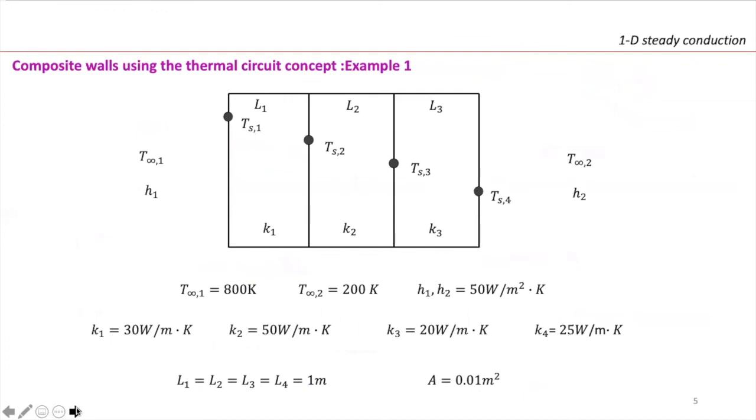So let me show you this composite wall. This wall is made out of 3 different materials, right? This is one material, this is another material, this is a third material or a third wall, right? And it's surrounded by air, water, any fluid, right? That's why we have these h values in here, because they denote a fluid is there, okay?